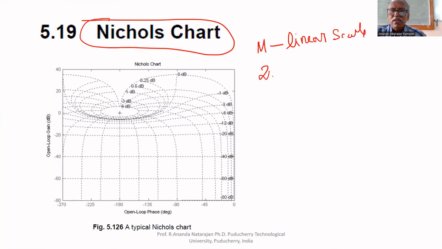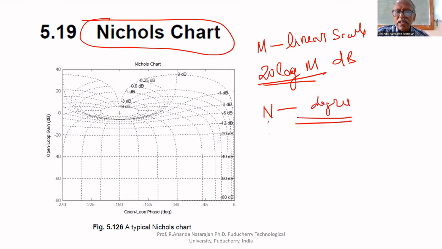If you take 20 log m, then it is in decibel scale. Take 20 log m for different m and plot on a graph sheet. Similarly, take angles, n circles in degrees.